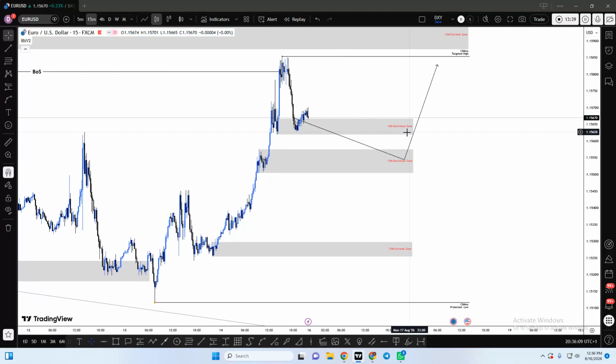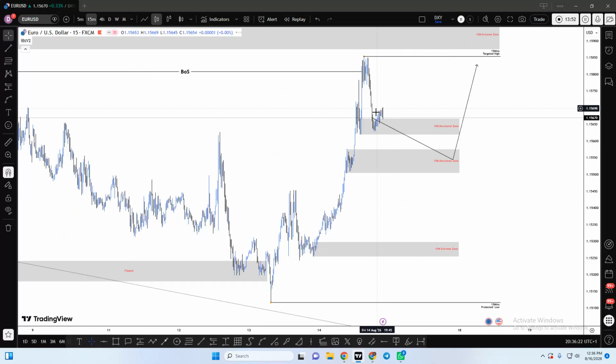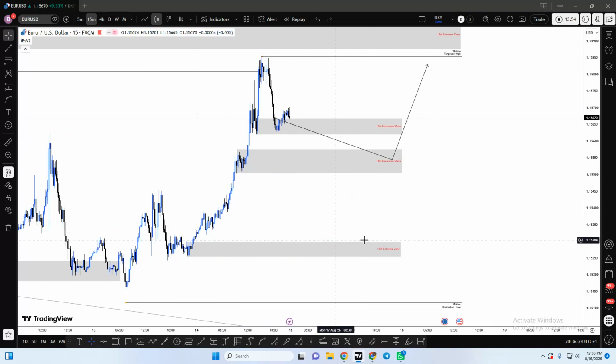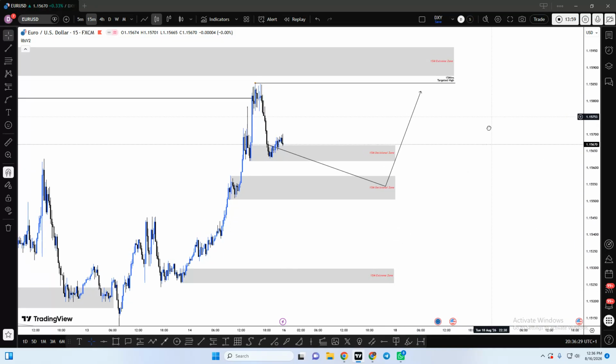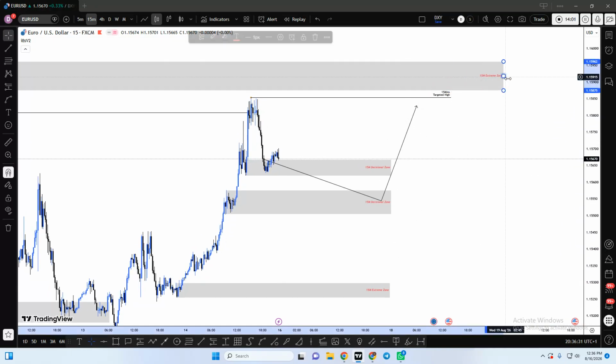So the first area that we should be looking to get involved would be that one. The next would be this one, and I'm in favor of this zone. If we do get a deeper pullback, then this is the zone that we should be looking to get involved. Right? Buying, targeting this 15 minutes extreme zone.